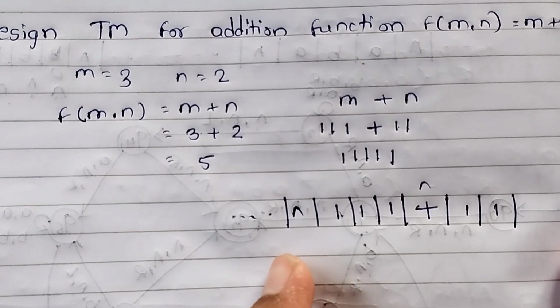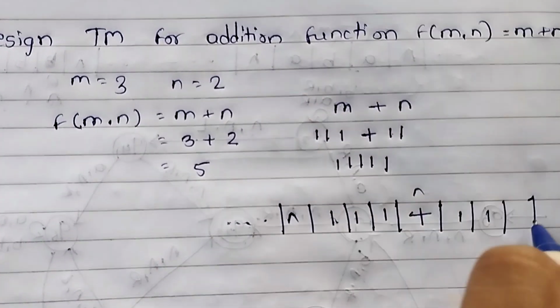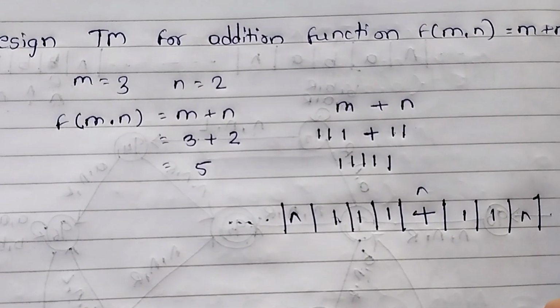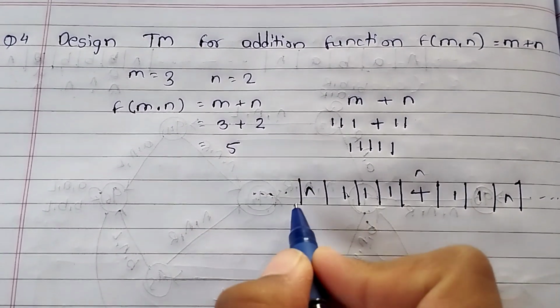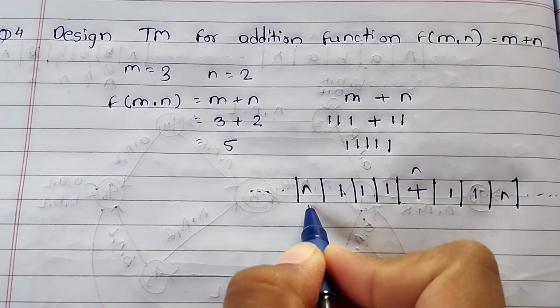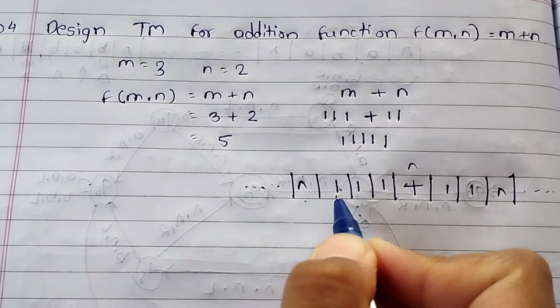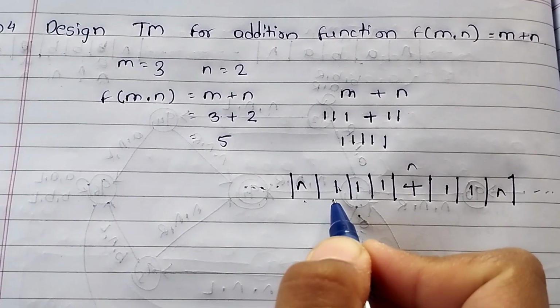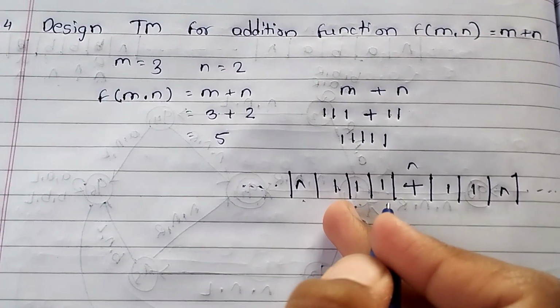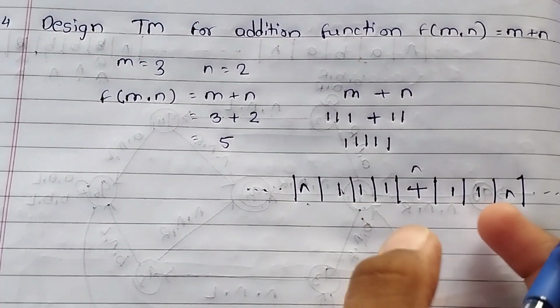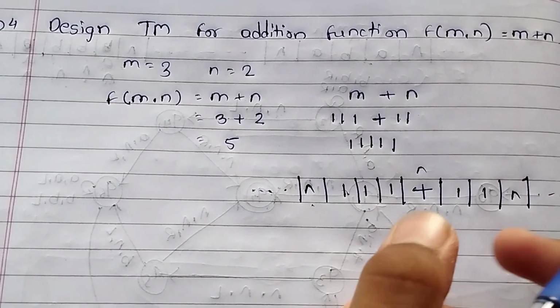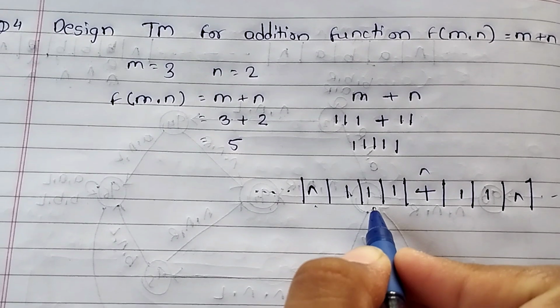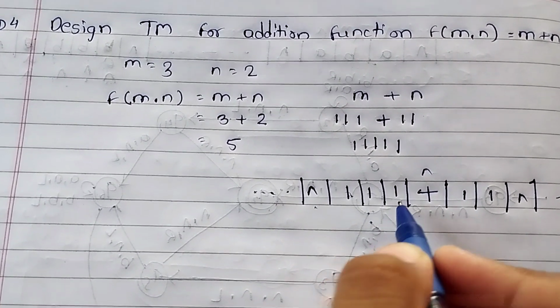Now we build the logic here. The null value is present initially. Now we start with this null value. So first we read the null, move ahead. Then we read 1, keep 1 as it is, move ahead. We travel to the right side now. Then again, if you read 1, keep it as it is, move ahead.